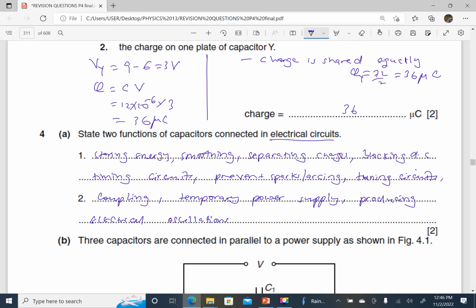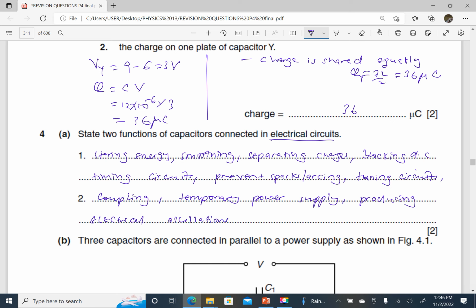Those are all uses of capacitors. Producing electrical oscillations is how we come up with the tuning circuits. Together with the coil, the capacitor can be used to produce electrical oscillations, which are important during tuning.